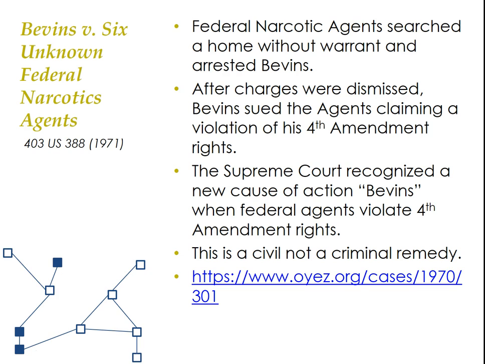Now, the Supreme Court has taken a historical perspective when deciding who should have immunity under the Civil Rights Act. And this results in two types of immunity largely based on job function. Absolute immunity applies to judges and prosecutors when acting in their official roles regardless of their state of mind.